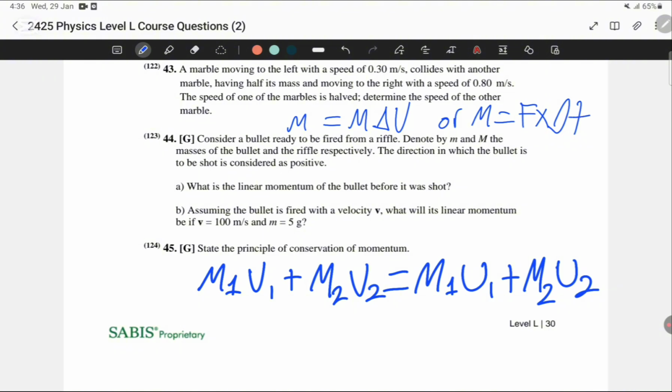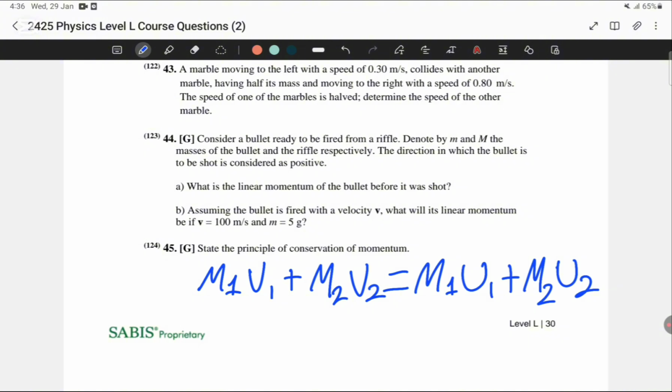But here they give us the velocity and mass. So you do 100 meters per second times 5 over 1,000, because you need to convert it to kilograms.